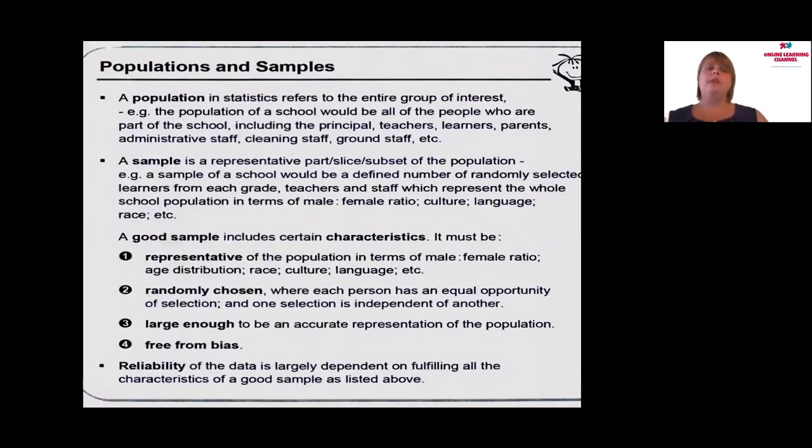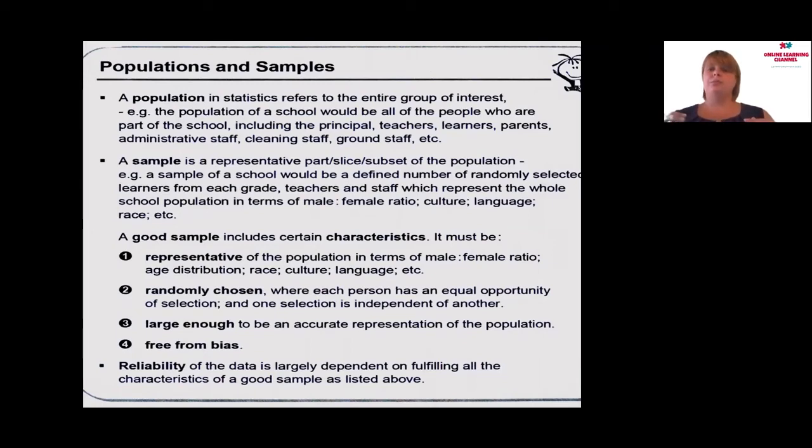Here are another two definitions that are very important that you need to know. A population. A population in statistics refers to the entire group of interest. Let's say, for instance, I take my grade 11 mathematics literacy.